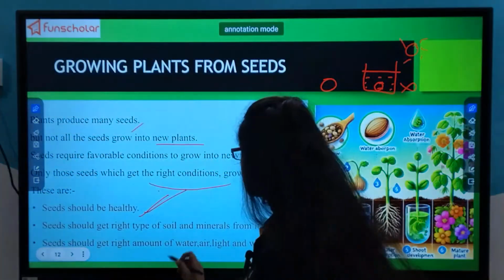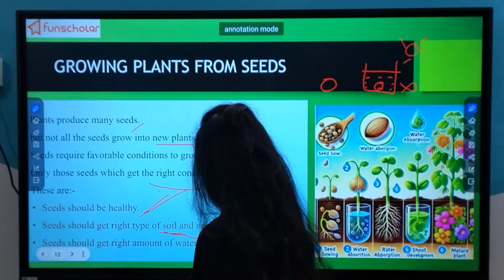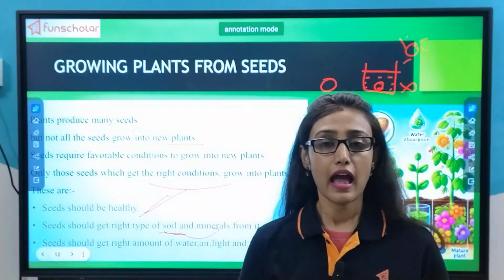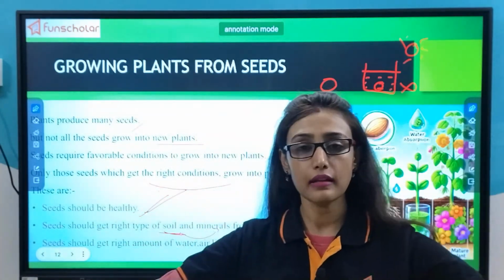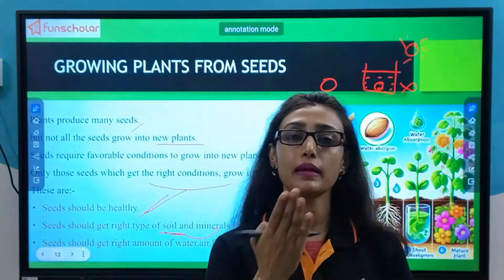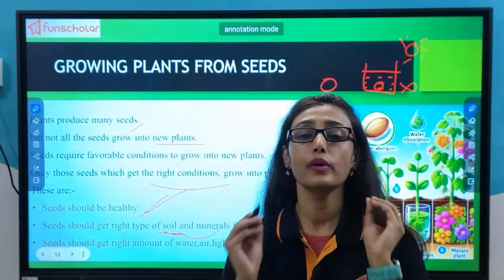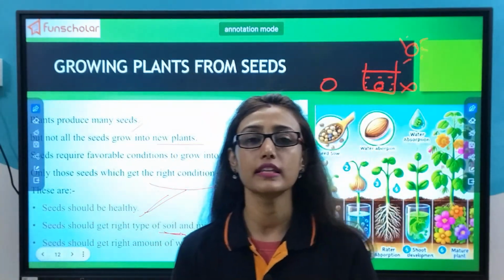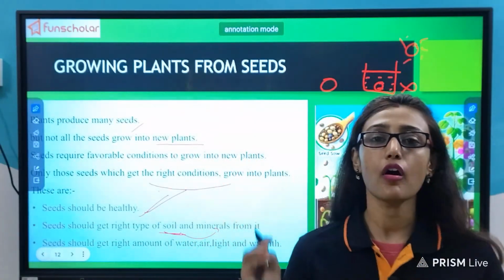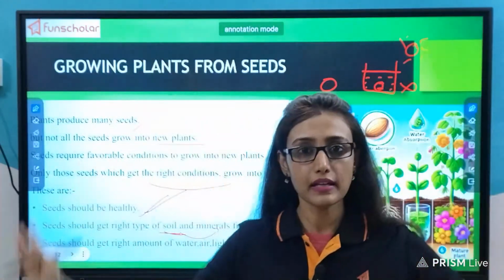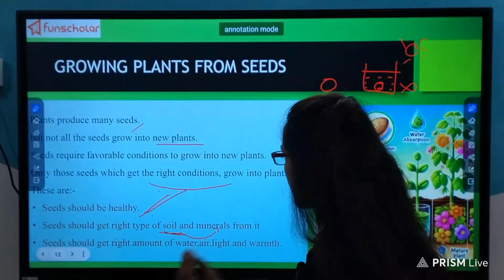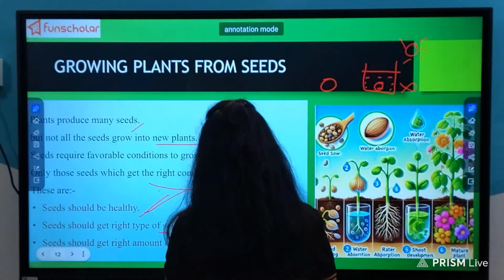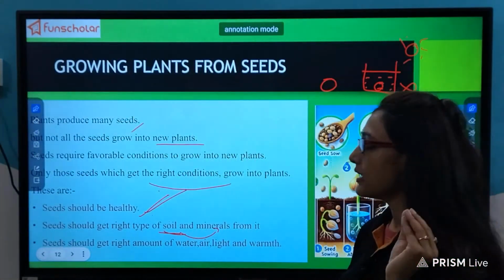Now, why is soil necessary? Because soil contains minerals. And from the soil, the roots take the minerals to the plant, which is very necessary for its growth and development to form a bigger tree. That is why they need soil and minerals from the soil.